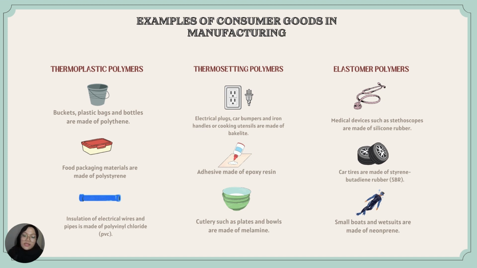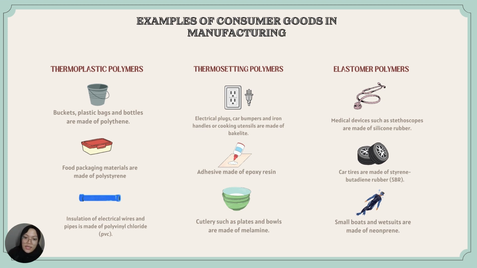The second one is thermosetting polymers. Electrical plugs, car bumpers, and iron handles or cooking utensils are made of bakelite. Adhesives such as epoxy resins, and crockery such as plates and bowls, are made of melamine.